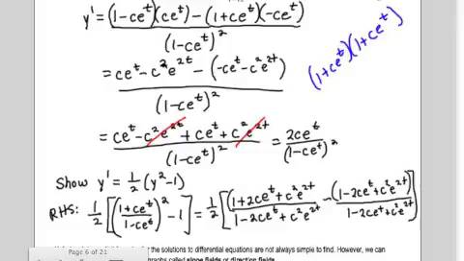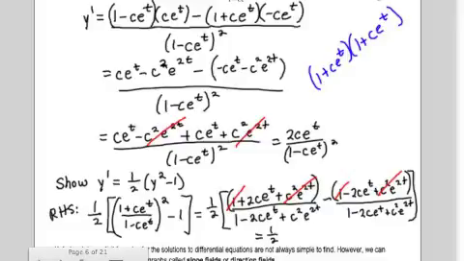Okay, so yeah, are you talking about you're distributing the negative? Yeah, so you get 1, you have minus 1, so it goes away. You have 2c e to the t plus another 2c e to the t, and then the other ones cancel. So see how the 1 and the minus 1 are going to cancel. C squared, negative c squared, all that's going to cancel. So you do get 4 of them.